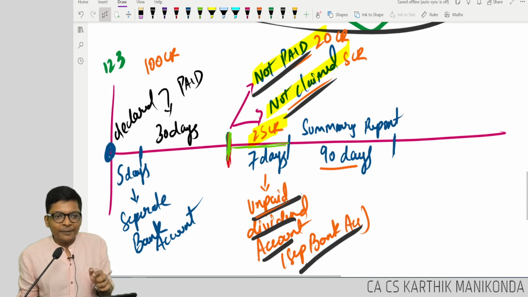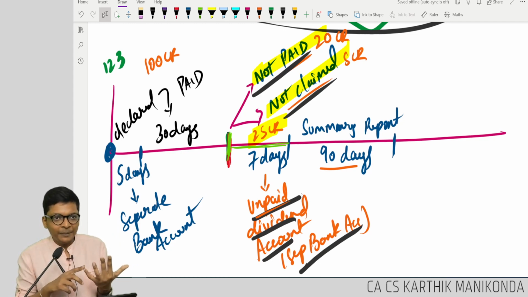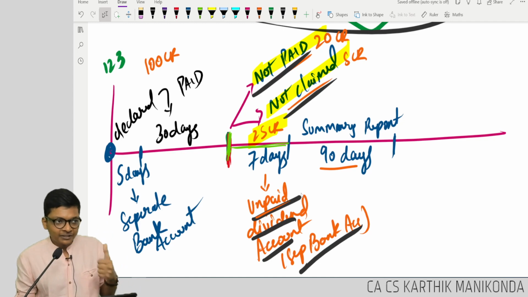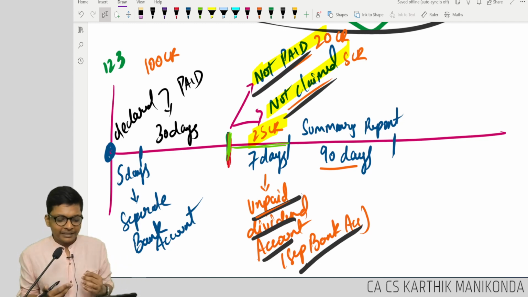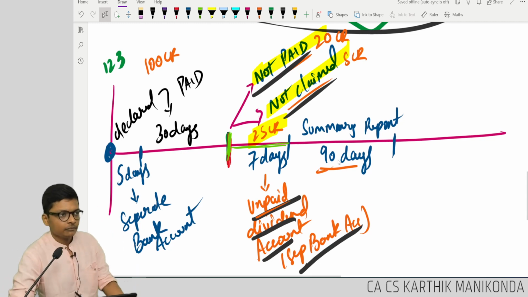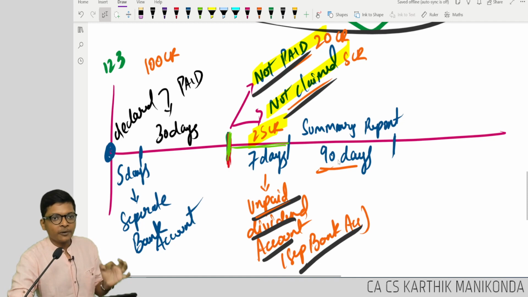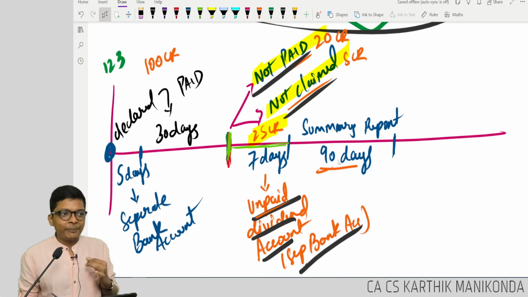Such transfer should happen within 7 days. Are you following, guys? If I transfer within 5 days, then 5 plus 30. If I transfer within 6 days, 6 plus 30. But the law exam will test only 7 and 90 days. 90 days, guys. Following, let's summarize what to remember for the exam. MCQ, what can come? Once dividend is declared, transfer to a separate bank account within 7 days.